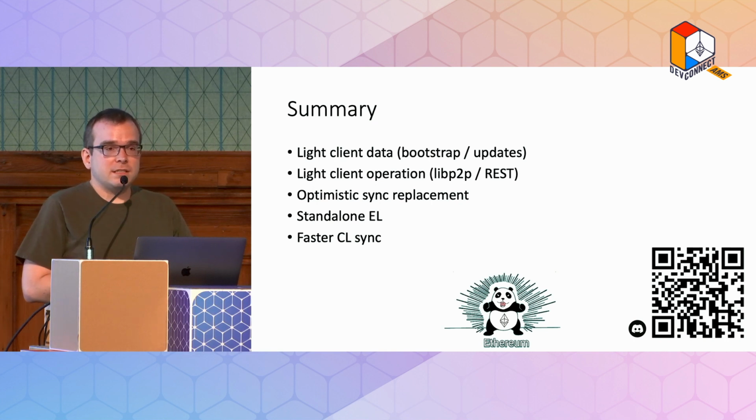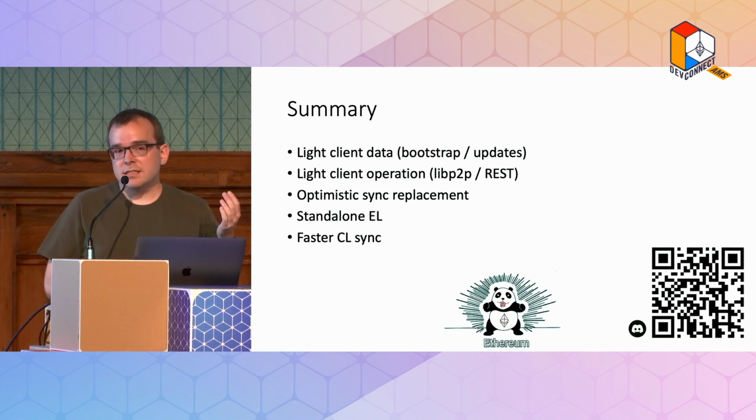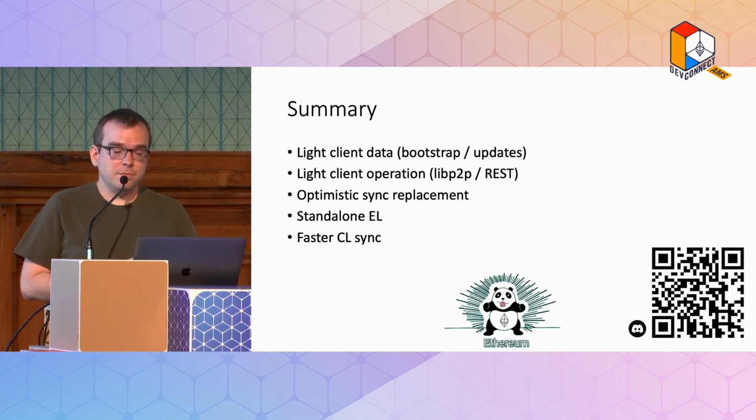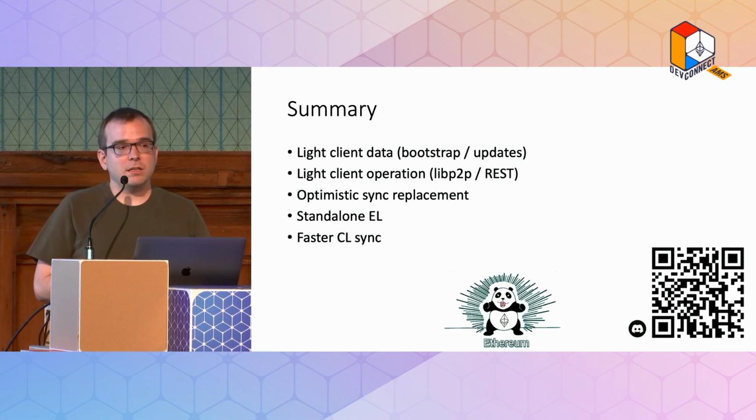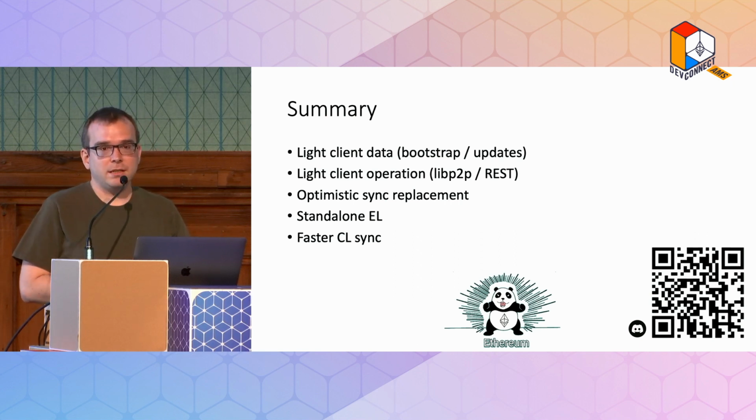The use cases we get from this are that it is a solution for optimistic sync, we can run standalone ELs without CLs, and we can accelerate the CL sync in case of downtimes or when syncing new nodes, and get to validator duties much more quickly.